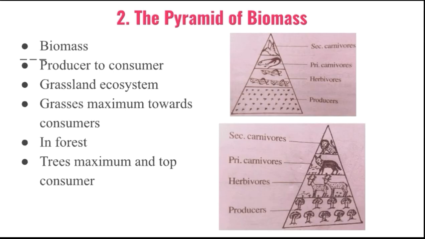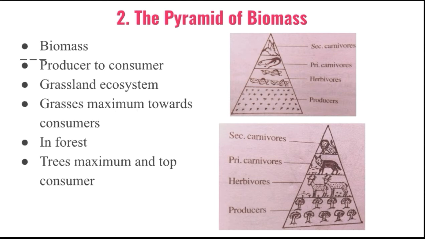If you see the grassland ecosystem pyramid, the biomass of grasses is the maximum and it gradually decreases towards the consumer level.